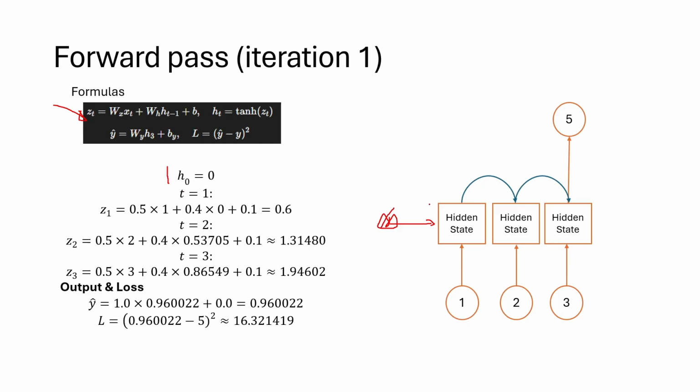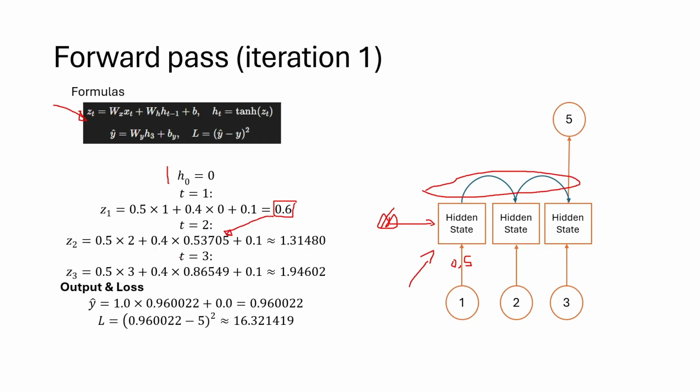At t1 here we multiply the weight of this one, which is 0.5, plus the weight of this part, Wh, which we said is 0.4, multiplied by 0 for the first one because we have no previous hidden state, plus the bias. So we get 0.6. We make the activation using tanh and we get 0.537.